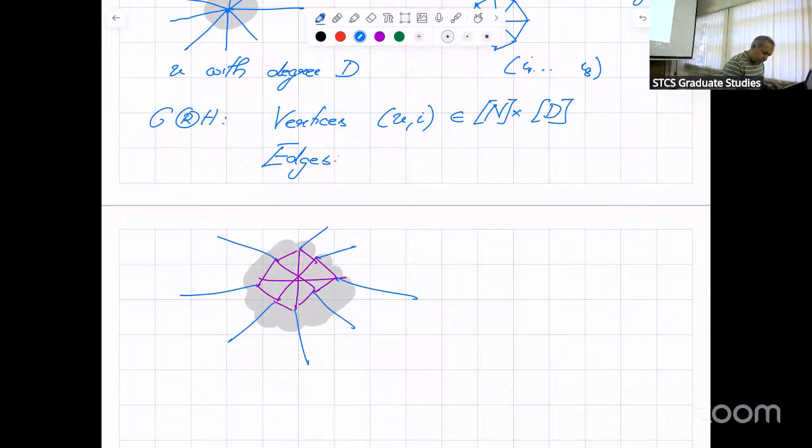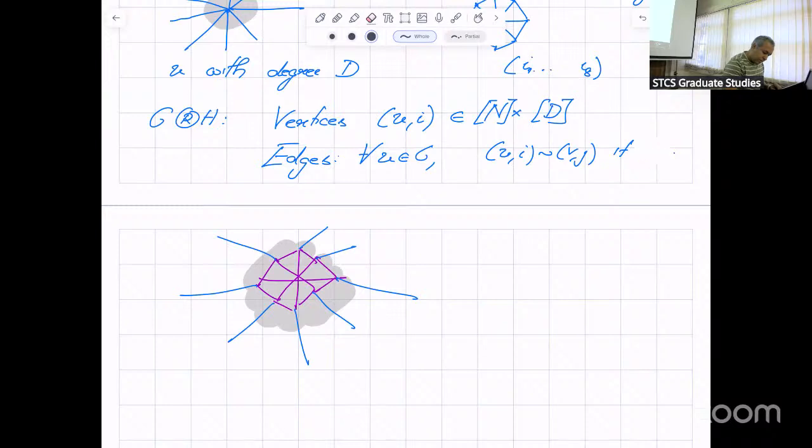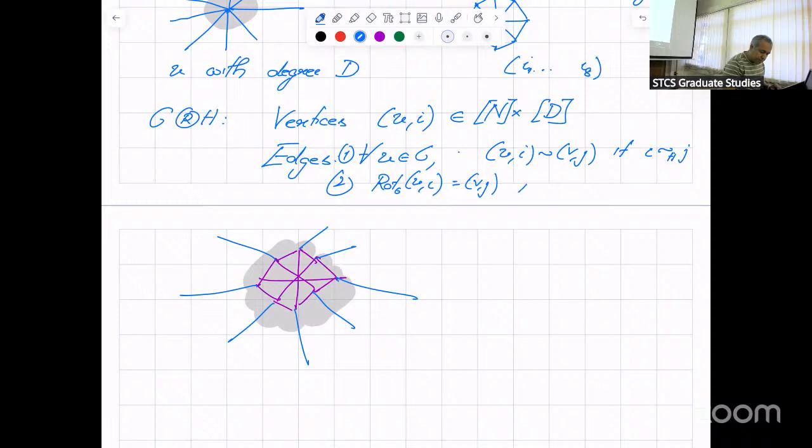And the edges: for all U in G, Ui is connected to Uj if I is connected to J. That's one set of edges. Another one is if rot G of Ui equals Vj, then Ui is also connected to Vj.